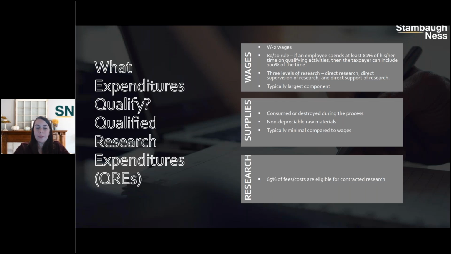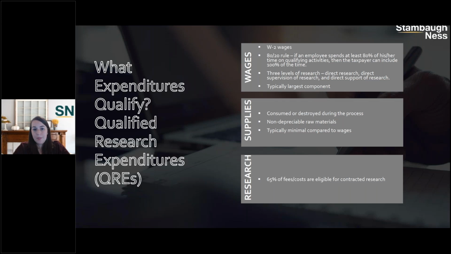The final bucket of qualified research expenditures is what we like to say is subcontractor cost. So you're allowed to take 65% of eligible fees for subcontractors. Now, with subcontractors, there's higher thresholds you have to look at.